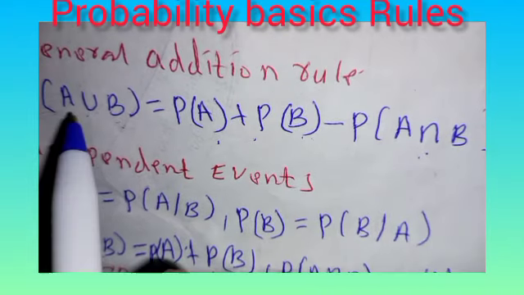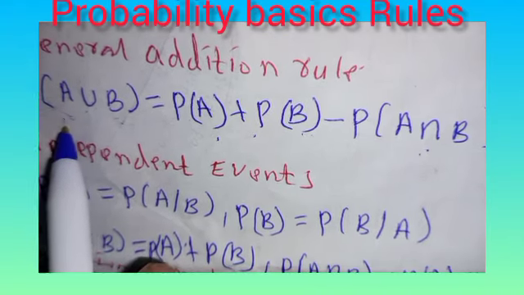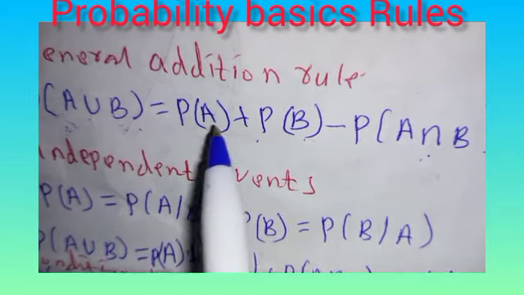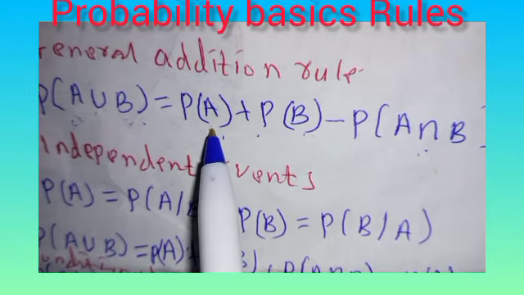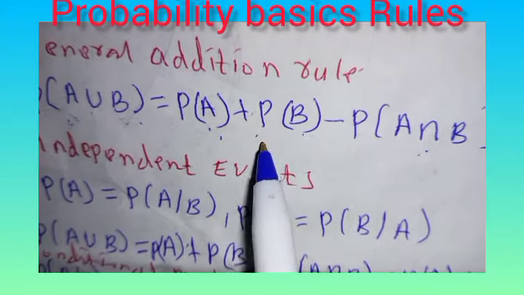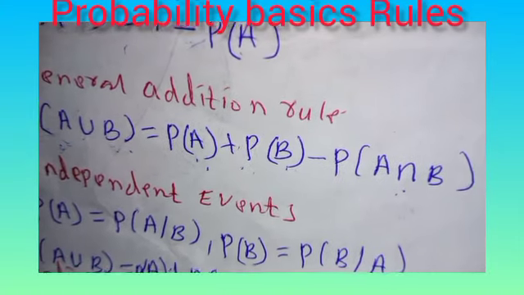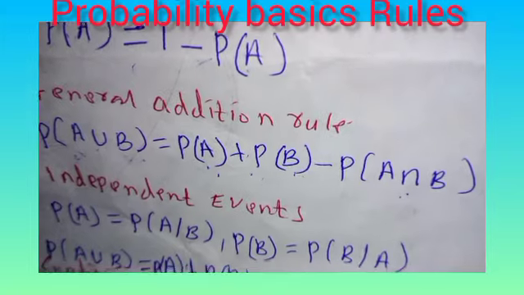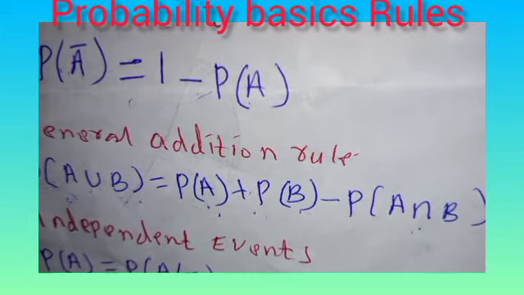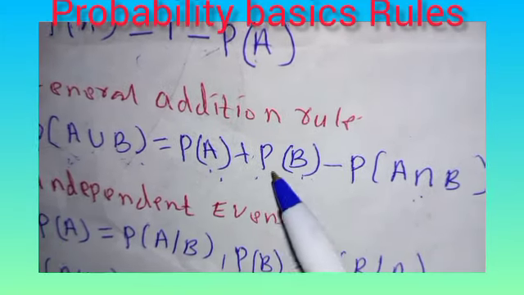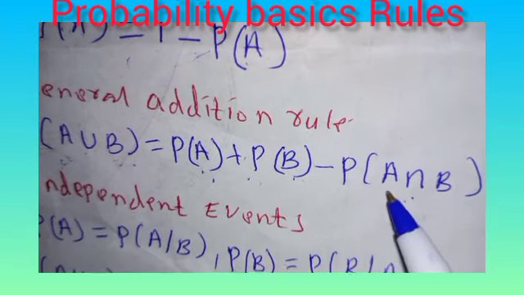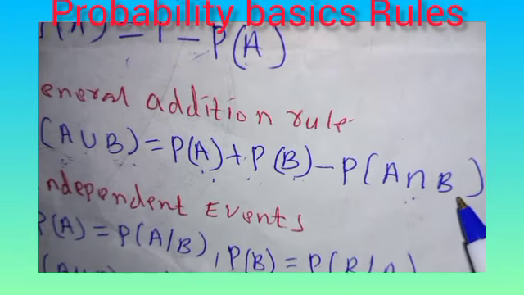So the probability of event A or B occurring is always given by the probability of A plus the probability of B minus the probability of A and B occurring.